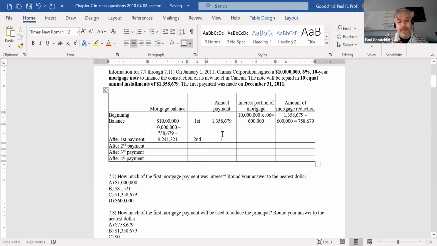So your next payment, 1,358,679. And then you're going to take the 9,241,321 and multiply that by 0.06.